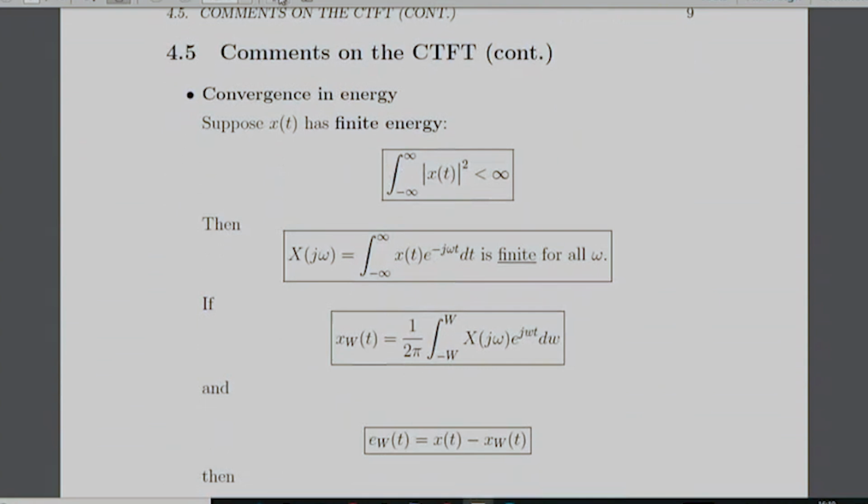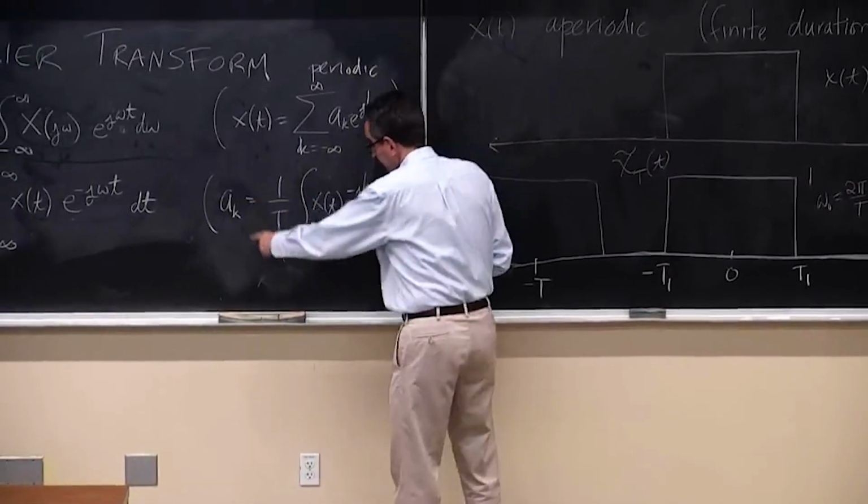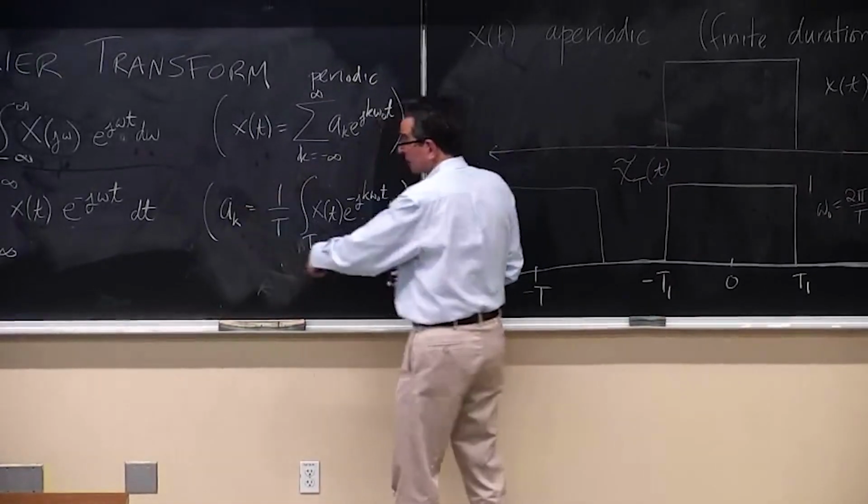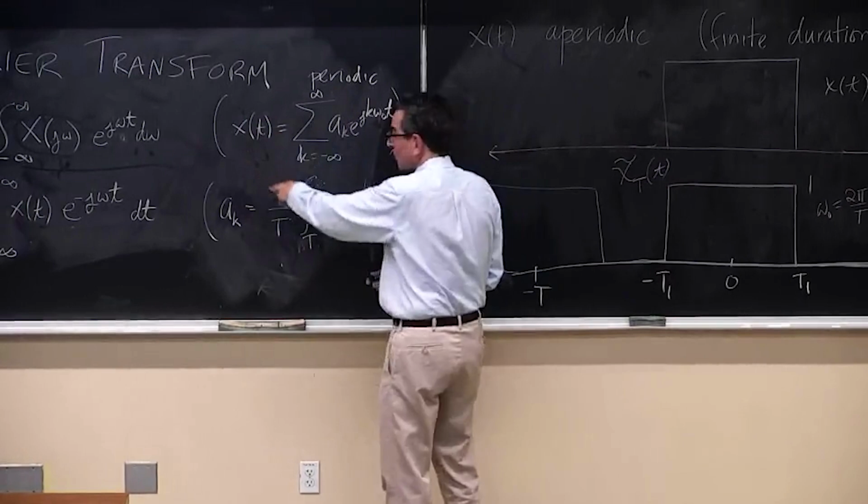So just as with the Fourier series in continuous time, we have these annoying convergence issues. Remember, we had some problems. We didn't really have a problem with the analysis equation. We did have a little bit of a problem with the synthesis equation.